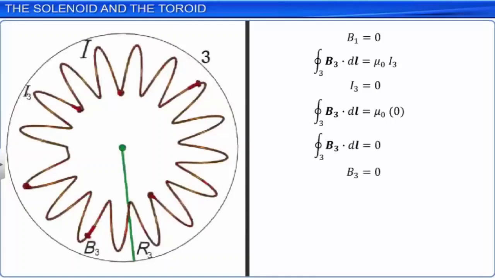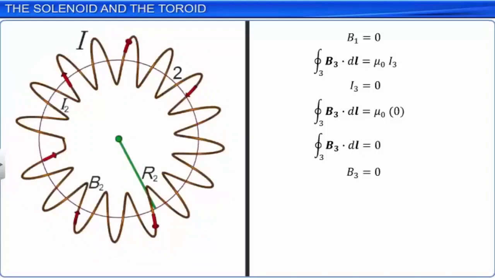Now consider the Amperian loop 2. According to Ampere's law, the integral over the closed loop 2 of B2 dot dl is equal to mu naught I2.